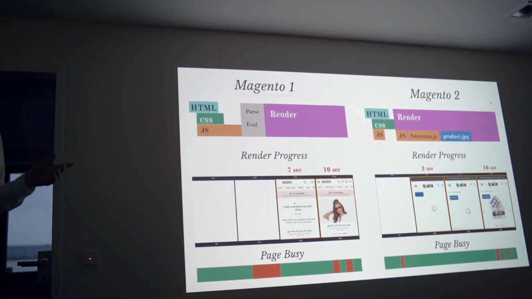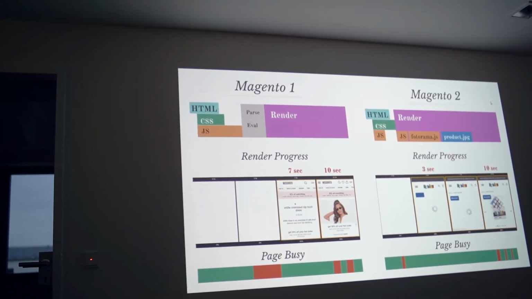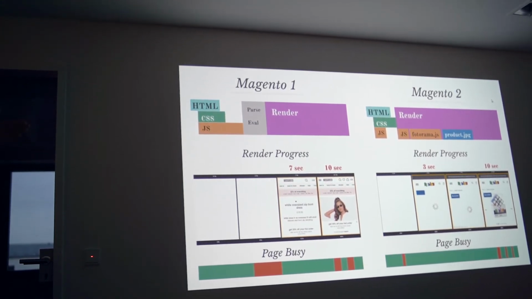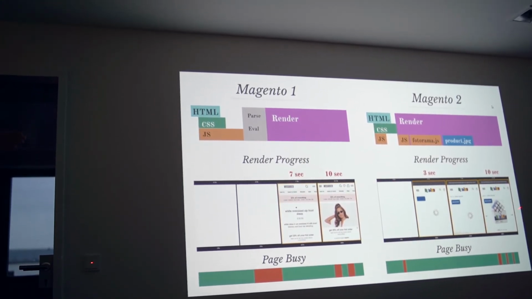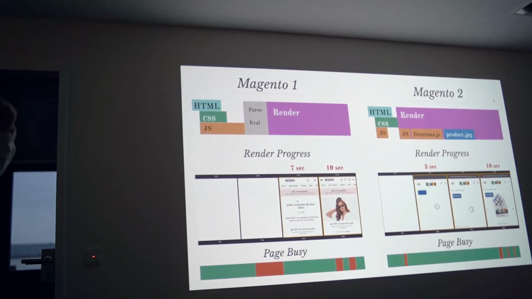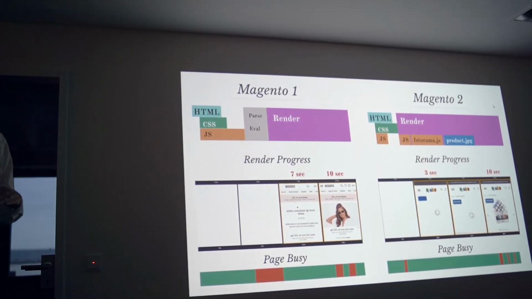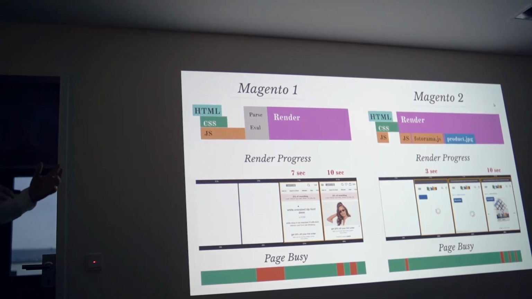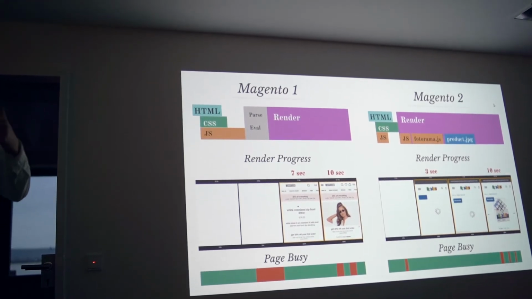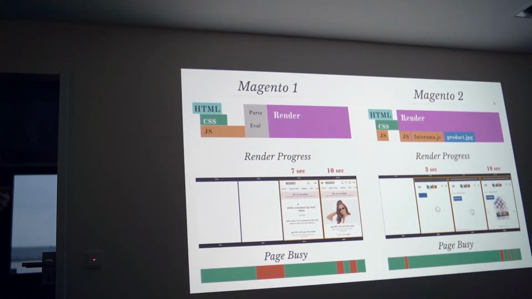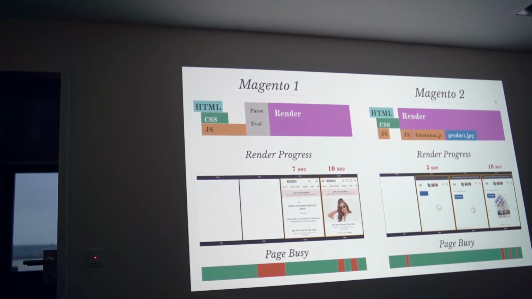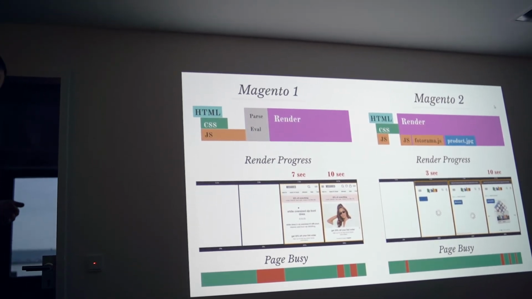But it's very interesting that this JavaScript library, Fotorama.js, is responsible for the product gallery. This is one of the last JavaScript files that Magento loads. And when Fotorama.js is loaded, then the product image is loaded. So this leads to this side effect where we see the main product image in the 10th second.